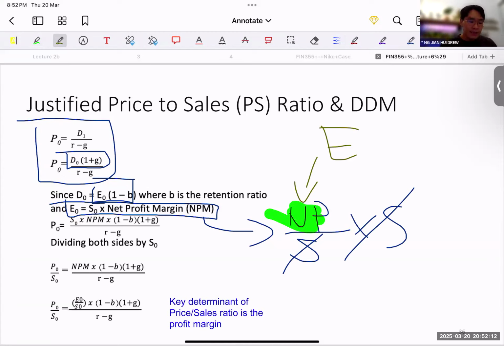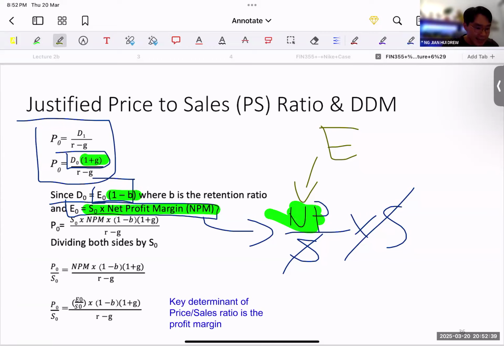Okay. So with this in mind, I'm just going to highlight what I'm going to pick up. I'm going to pick this sales and net profit margin, and I'm going to pick this 1 minus b. And because I am using your DDM, I need to pick up this also, 1 plus g, right?